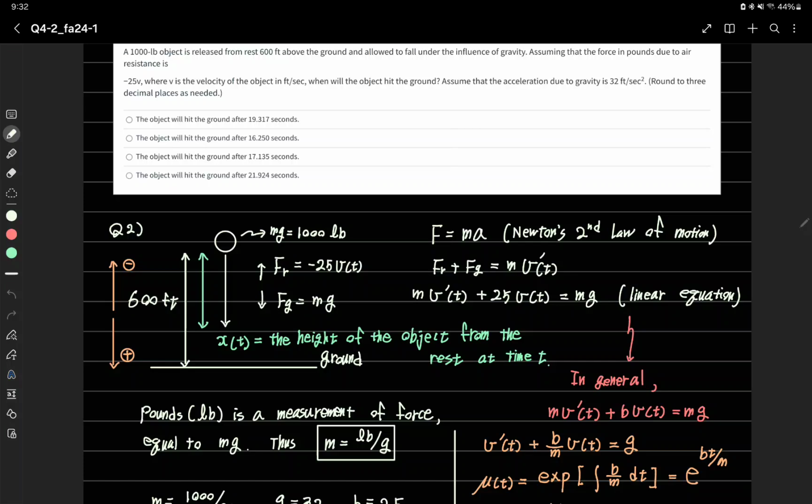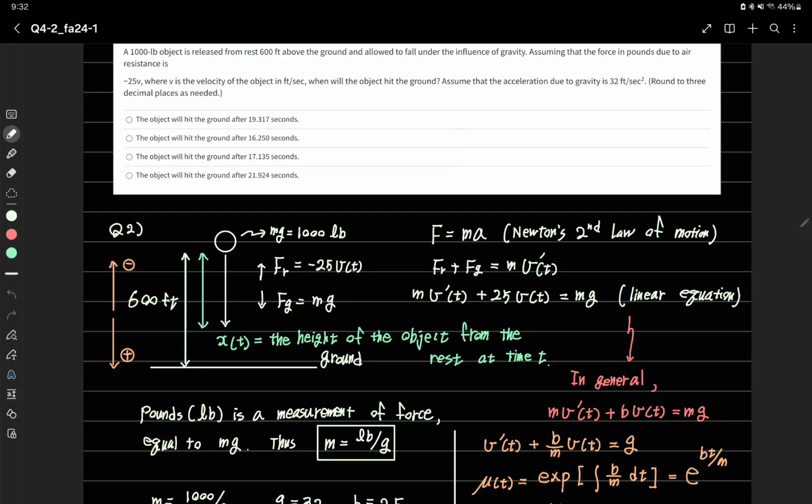Now we set v, the velocity of the object, as the unknown function. Then the net force can be written as m times v prime plus 25v equals mg.